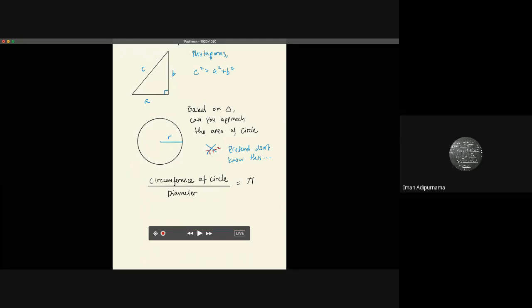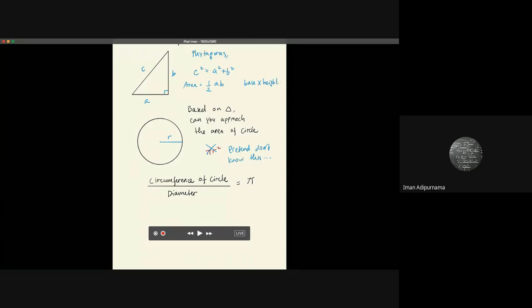Based on your triangle, you know the triangle has the Pythagoras formula, and you know that the triangle has area half AB, right? It's base multiplied by height.